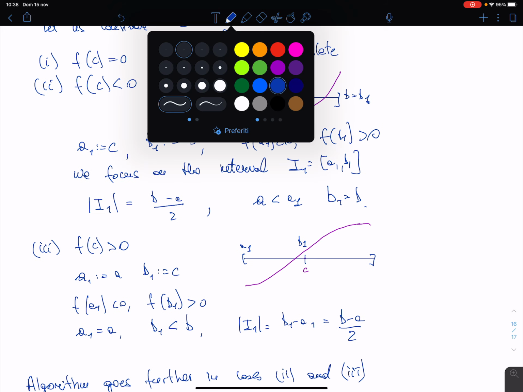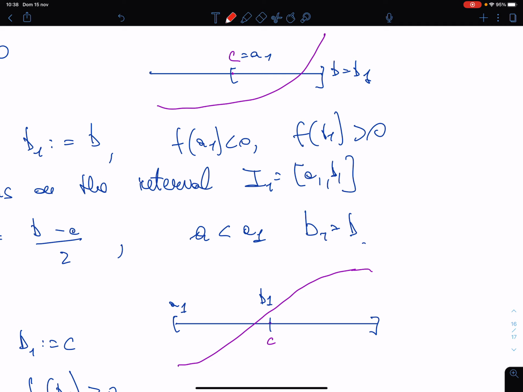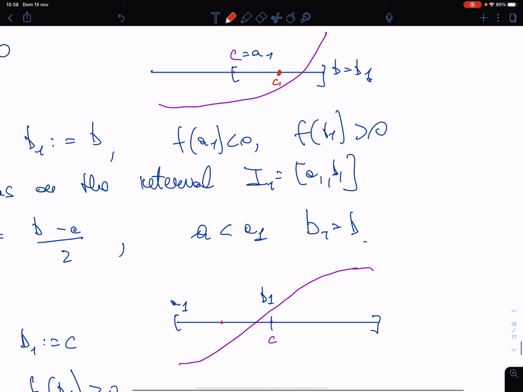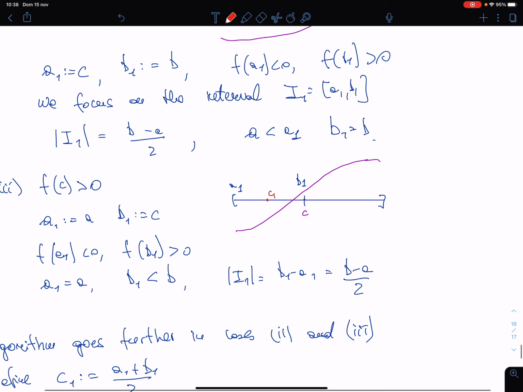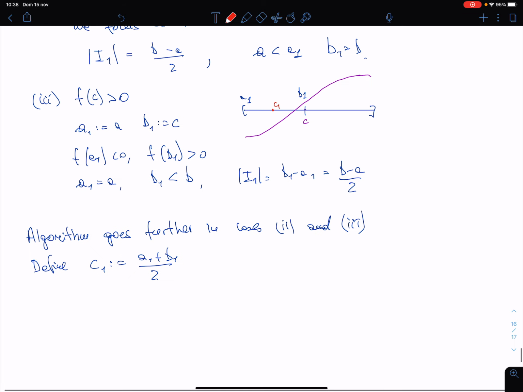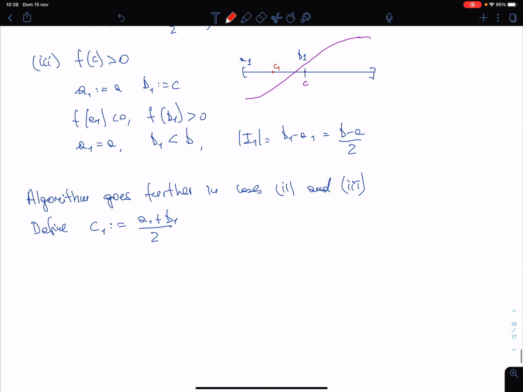So let us go to previous pictures. This will be c1 in this case and c1 here. So we focus on the interval a1, b1, and we repeat what we did before. And then there are three cases.